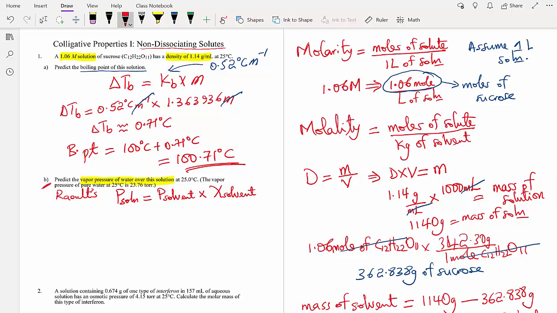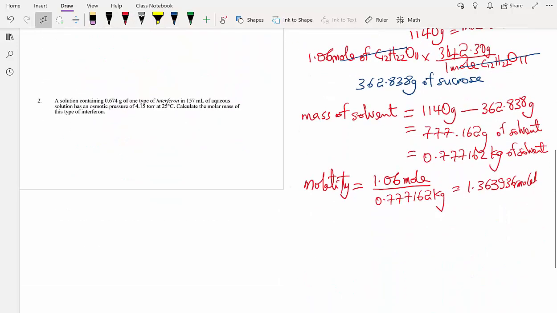So to solve this problem, all we need to do is find the mole fraction of water in this solution. Remember that the mole fraction of the solvent will be equal to the moles of the solvent divided by the total mole of the solution.